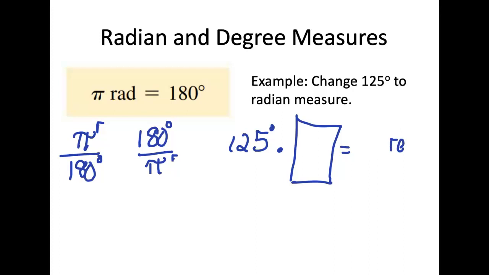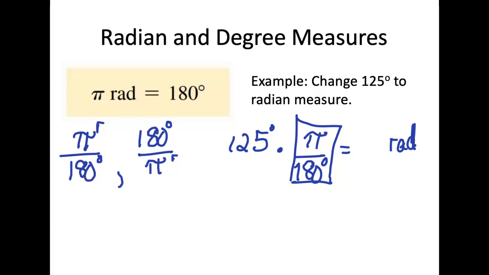So I've got to choose between one of these two facts, either pi over 180 or 180 over pi. What I'm going to choose to use is pi radians over 180 degrees, because degrees divided by degrees is going to cancel out.